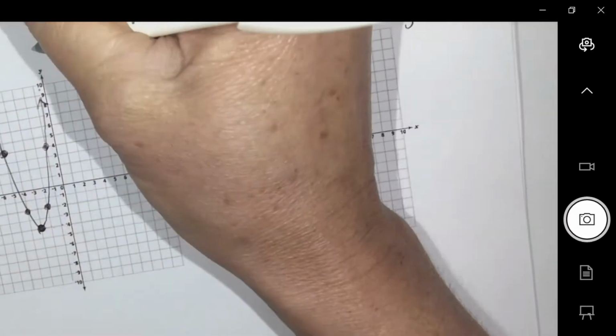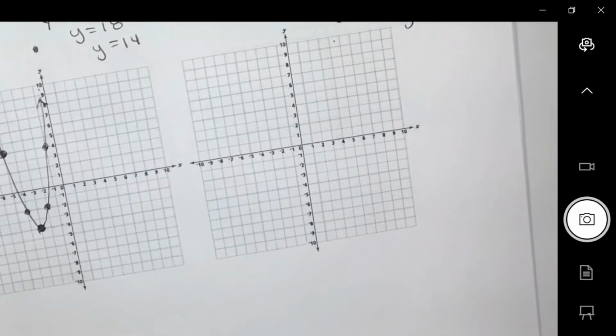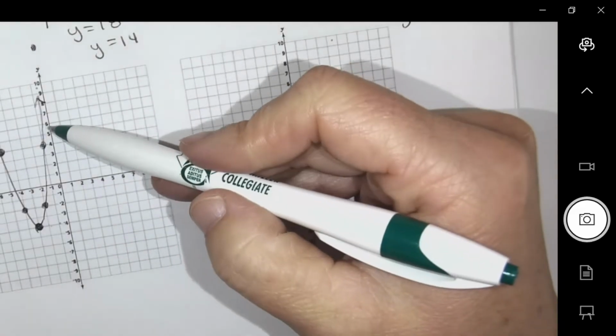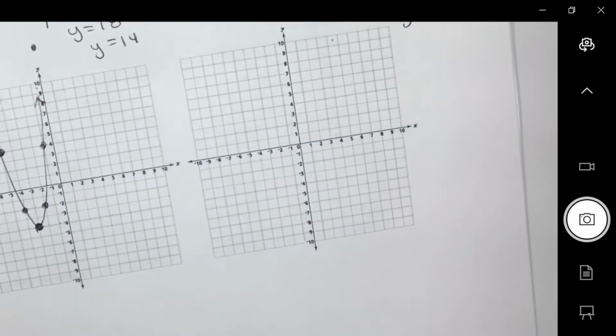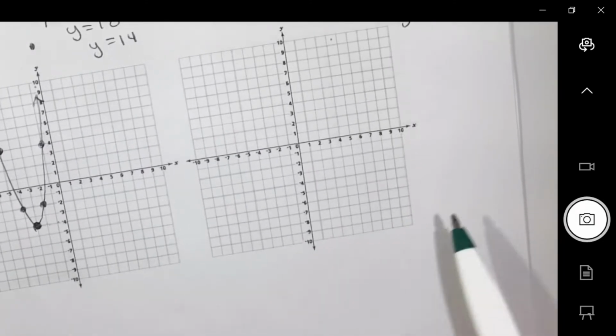Remember that physically your graph needs to look like it's going to cross at 14 on that axis, right? So don't cross over too quickly. Okay, and look, it did narrow. It's narrower than normal.